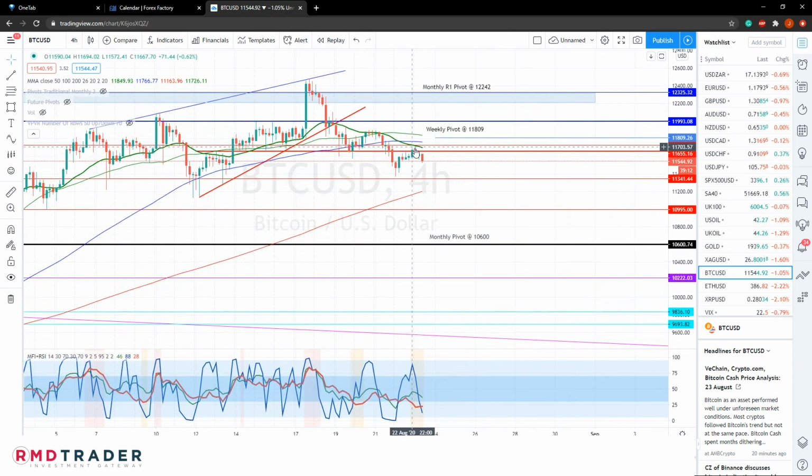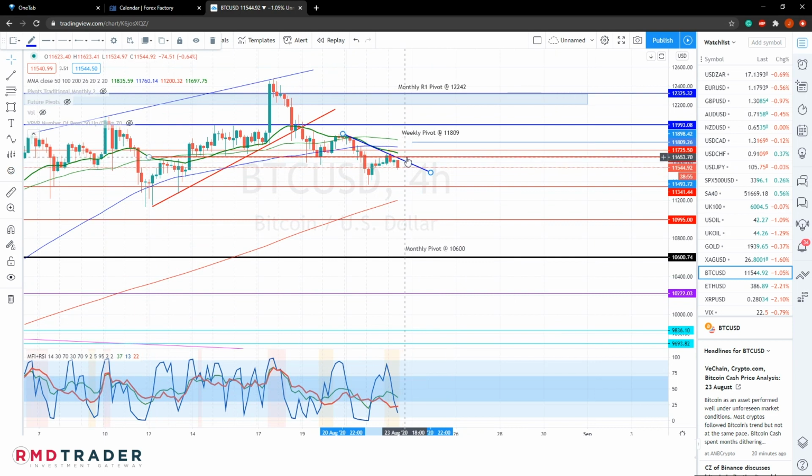Just considering possible scenarios for a bullish price move, we can see that we do have this very strange diagonal resistance area. I'm just going to plot it over there, meaning that we will need to get back above the 11,650 level firstly.